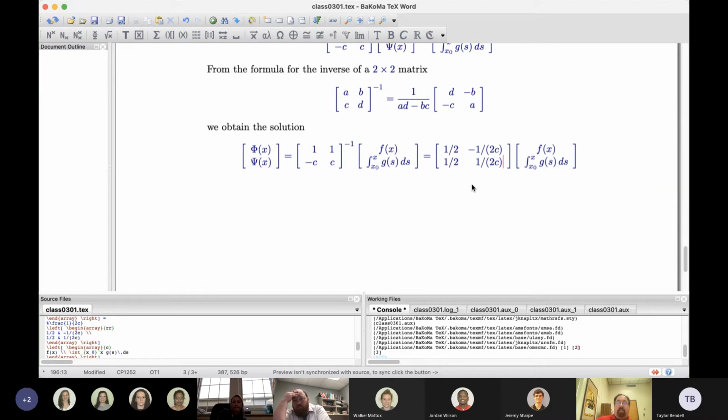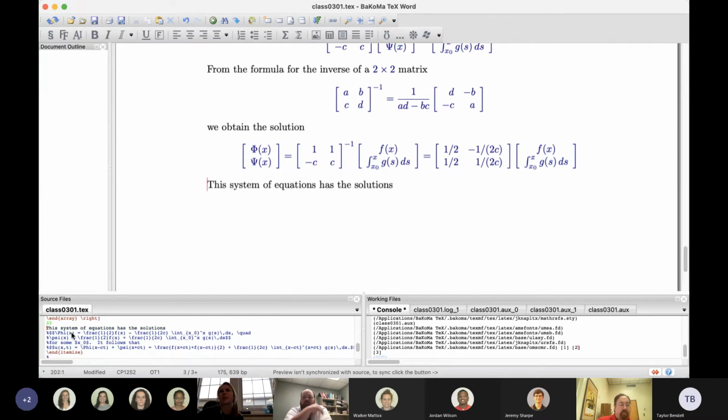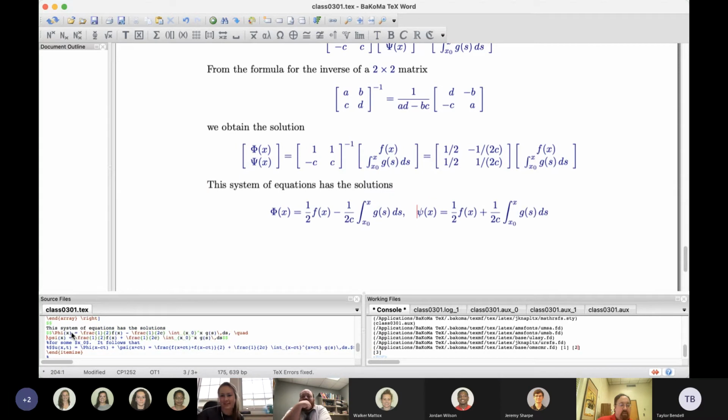So then to actually get phi and psi, I'm going to do matrix vector multiplication. 1/2 times f minus 1 over 2c times this integral of g for phi. And then for psi, we'll go second row, 1/2 times f plus 1 over 2c times this integral. So if I write all that out, that's what I get here.